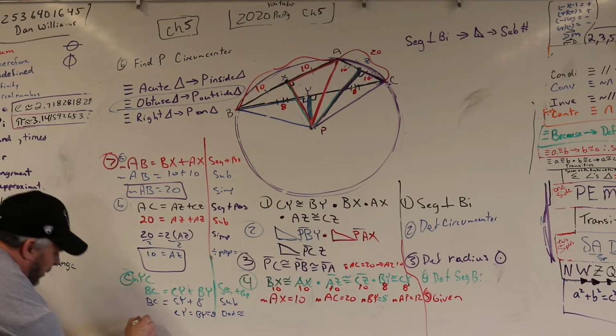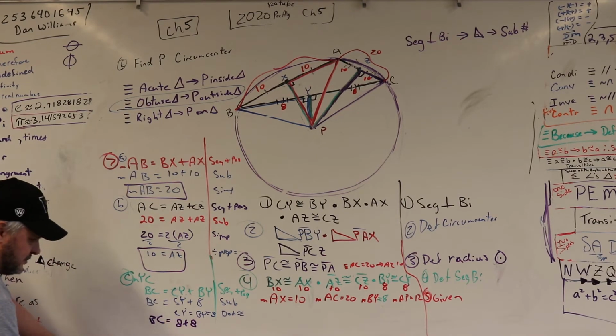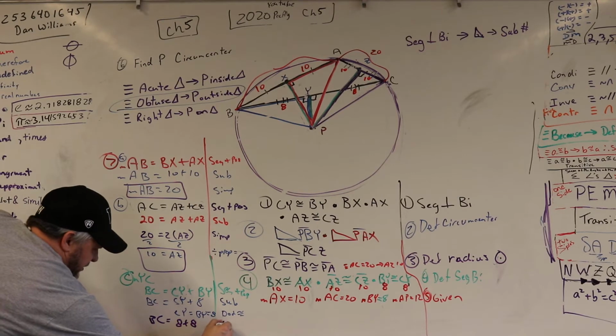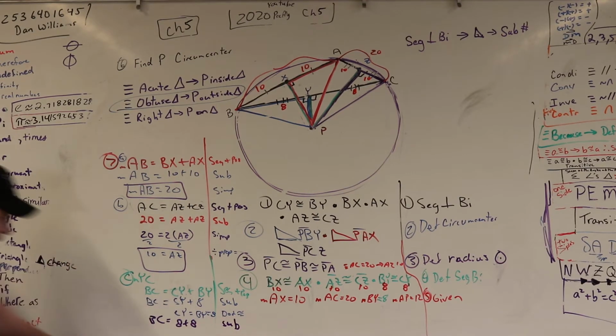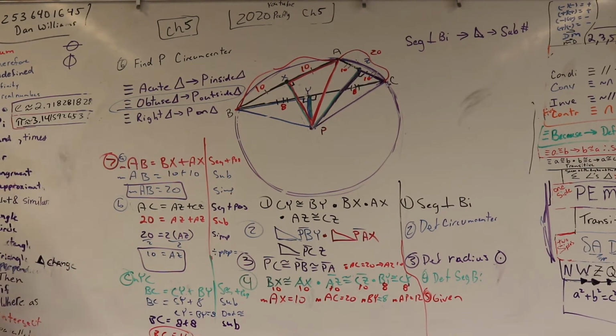So BC is equal to 8 plus 8. And that is substitution again. And so what is BC? It's 16. Okay? This is very long and complicated, right?